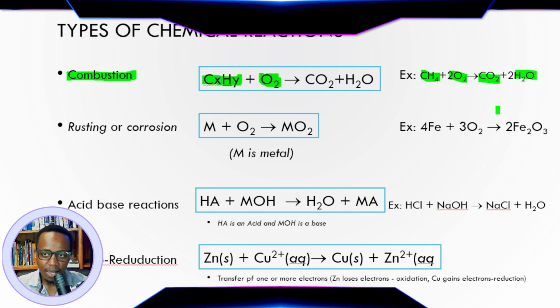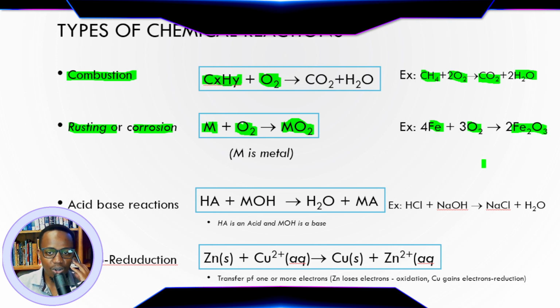So an example is CH4 plus O2 gives CO2 plus H2O. This is methane, right? Another example is rusting or corrosion. The formation of corrosion is when you have a metal exposed to oxygen and then it becomes a metal oxide, right? We call this rusting or corrosion. We see it in iron. Whenever you take iron and add oxygen, you have iron oxide, and this is rust.